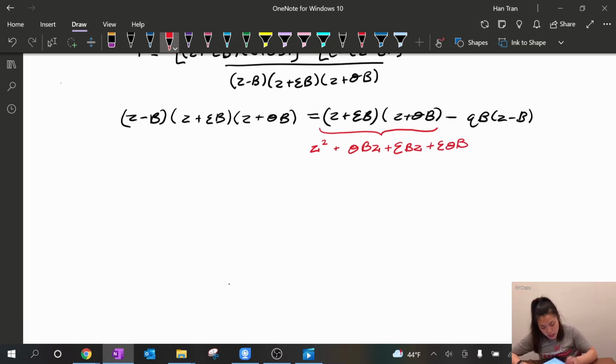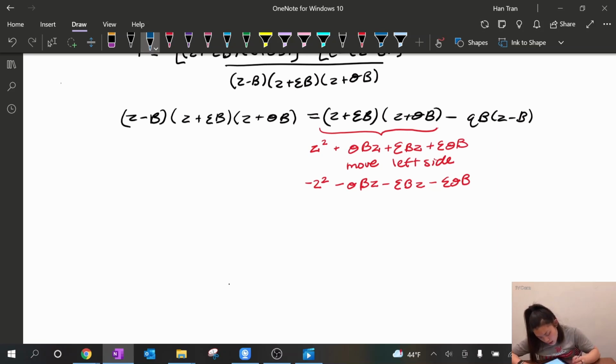And we have to keep in mind that we are going to move this equation to the left side, and so all of these signs are going to be switched. So it's going to be negative compressibility factor squared minus sigma times beta times the compressibility factor minus epsilon times beta times the compressibility factor minus epsilon times sigma times beta squared.